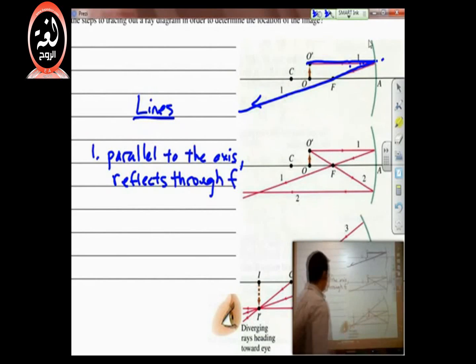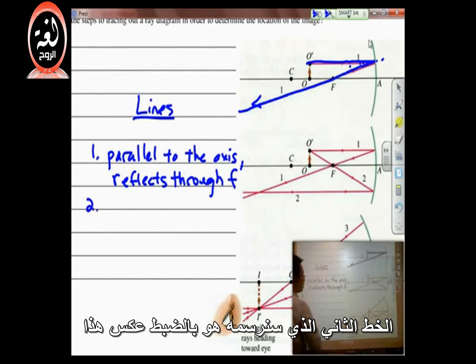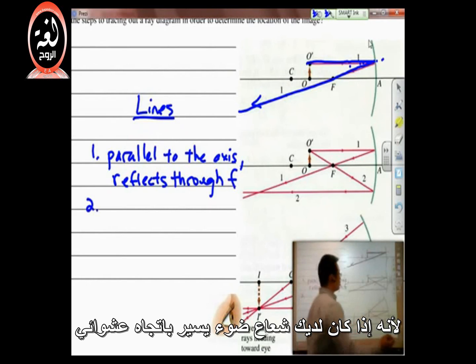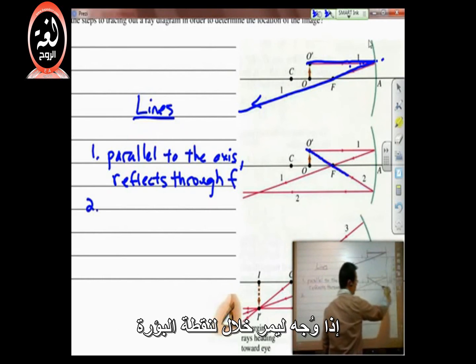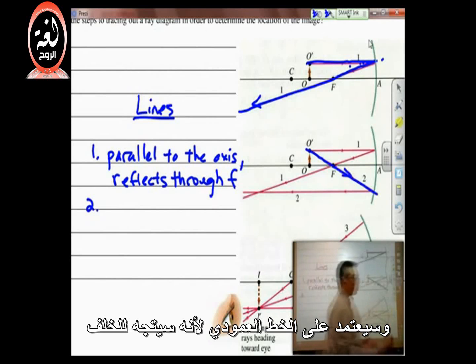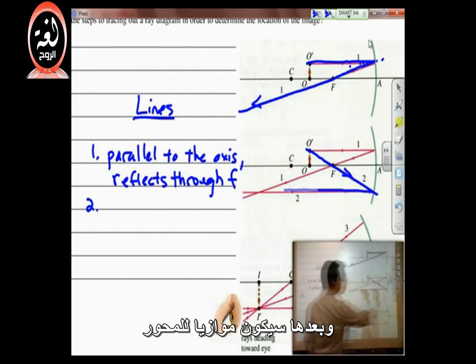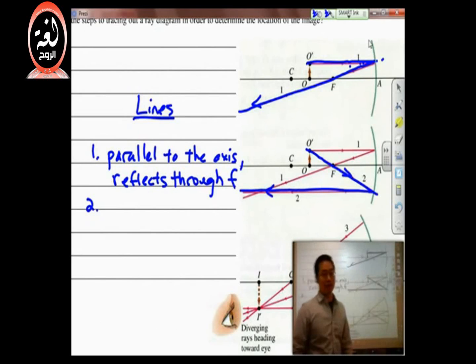Okay? The second line you're going to draw is actually the exact opposite of that. Because if you actually have one of the rays of light that are going in random directions, if it manages to go through the focal point, well, based on the way the normal line is, since it's just going backwards, it's then going to go parallel to the axis.